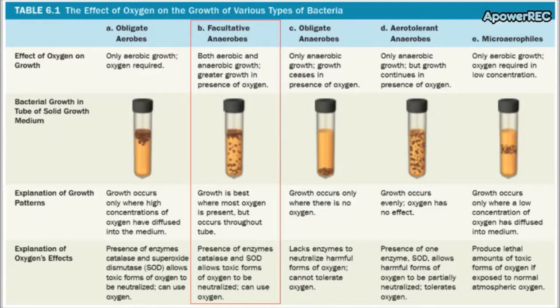I highly recommend that you put quite a bit of effort into studying this table 6.1. We have 5 main groups of microbes based upon their tolerances and ability to grow in the presence or absence of oxygen. We have the obligate aerobes, and so these ones are required to grow aerobically and they need oxygen.